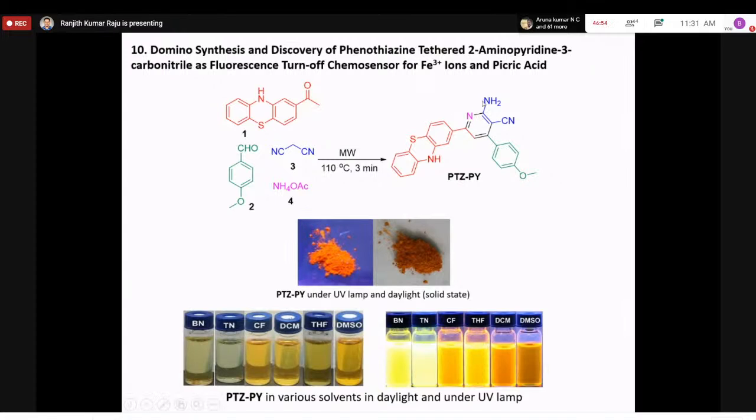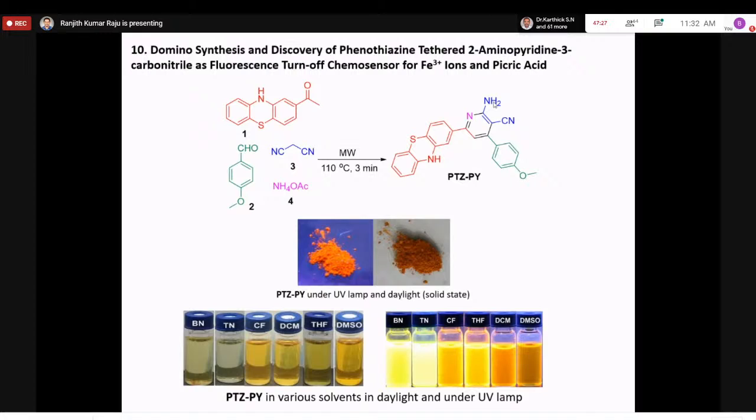We did the DFT by involving these two, and of course that is one of the proposals. It can also involve the interaction with this NH, but we propose that this amine and this NH2 are involved in the coordination with the metal. There is a possibility of chelation, yes.